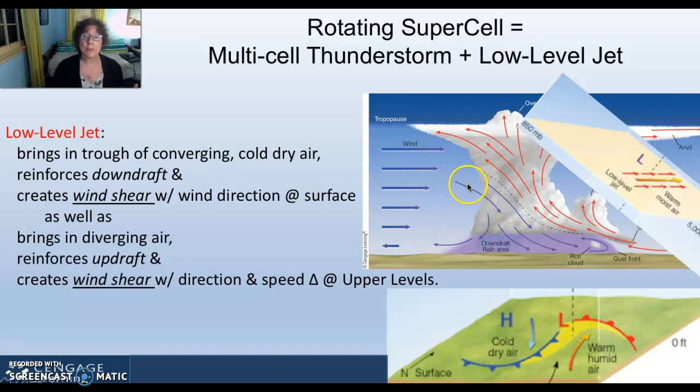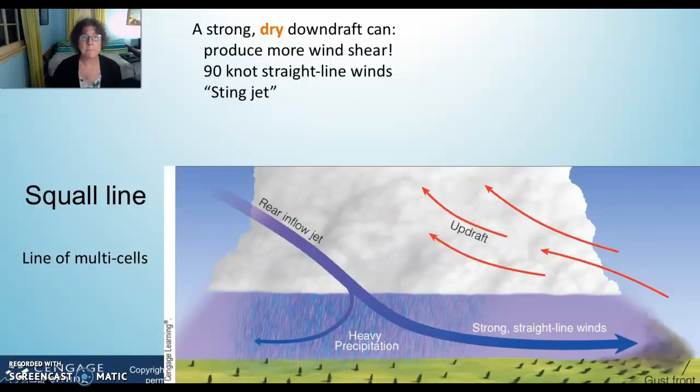And in creating more wind speed, you're really bringing in converging air into the surface high so that it's diverging out and changing direction with a stronger vector, with a stronger force. So that is one of the hallmarks of the supercell, is that low-level jet.